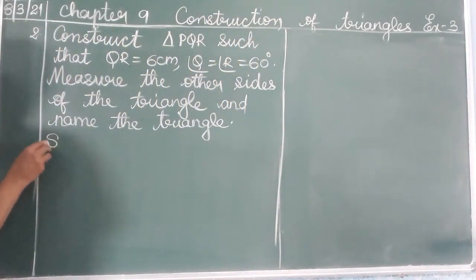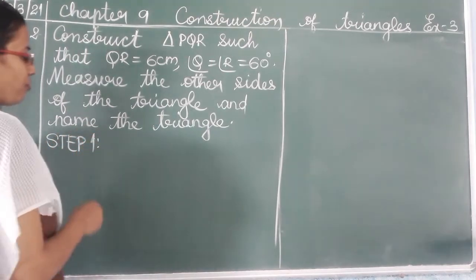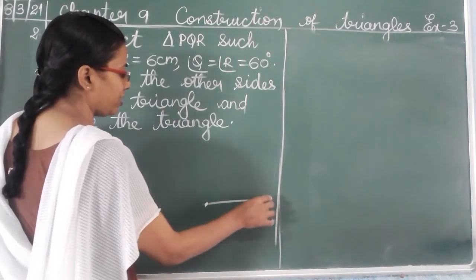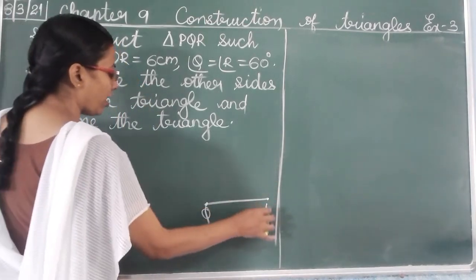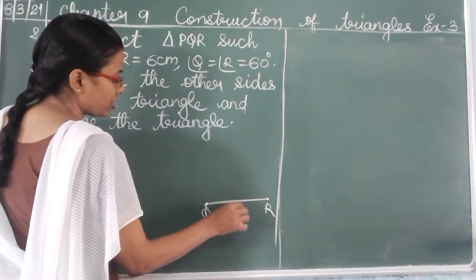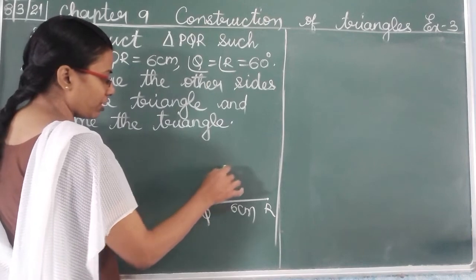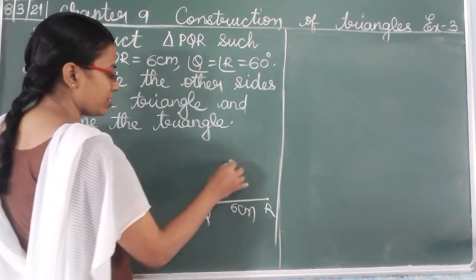So now let's write step 1. Before writing that, first we are going to draw a line segment. What is the measure given? QR. The measure is 6 centimeters. And you know that Q and R, both of them are 60 degrees.